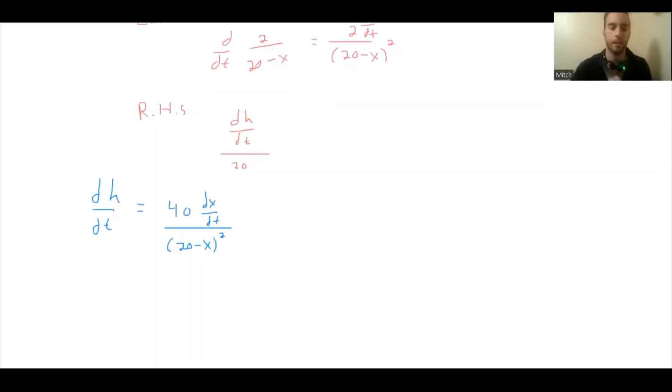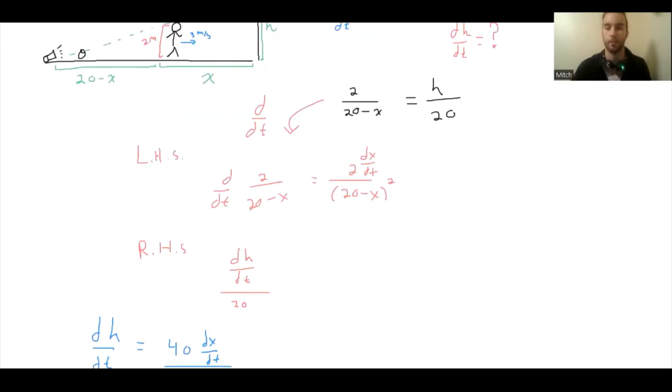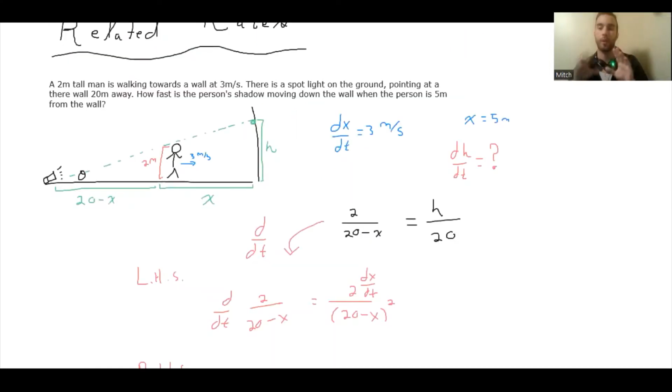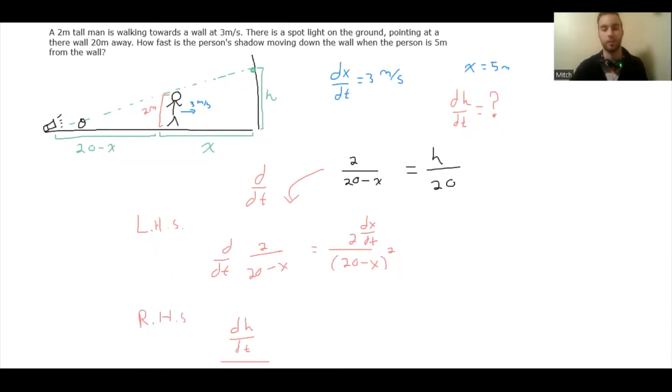Because this last step that we're going to do is just to sub back in those numbers. This is why we wait until the end, to make sure we get the derivatives correctly. That's a mistake that I do see people make. Here, this 20 isn't changing.